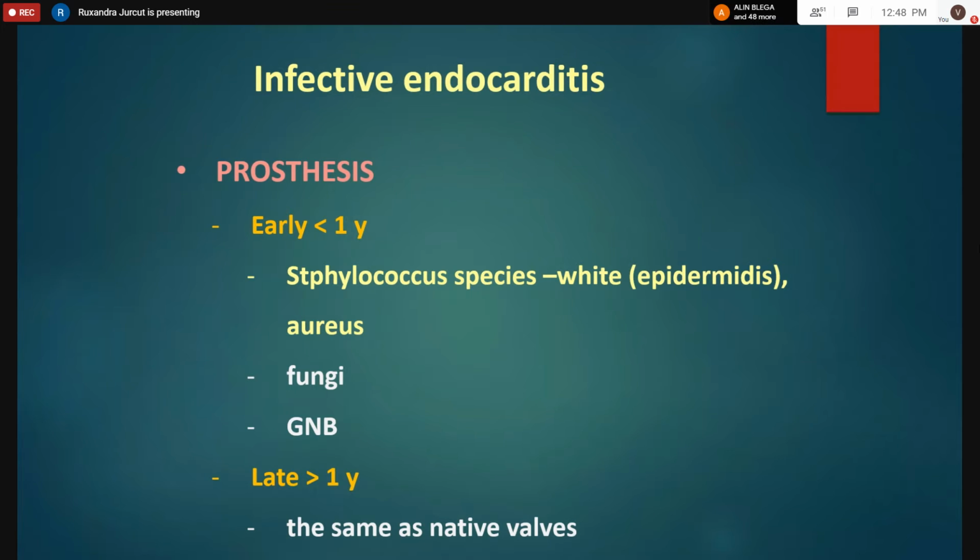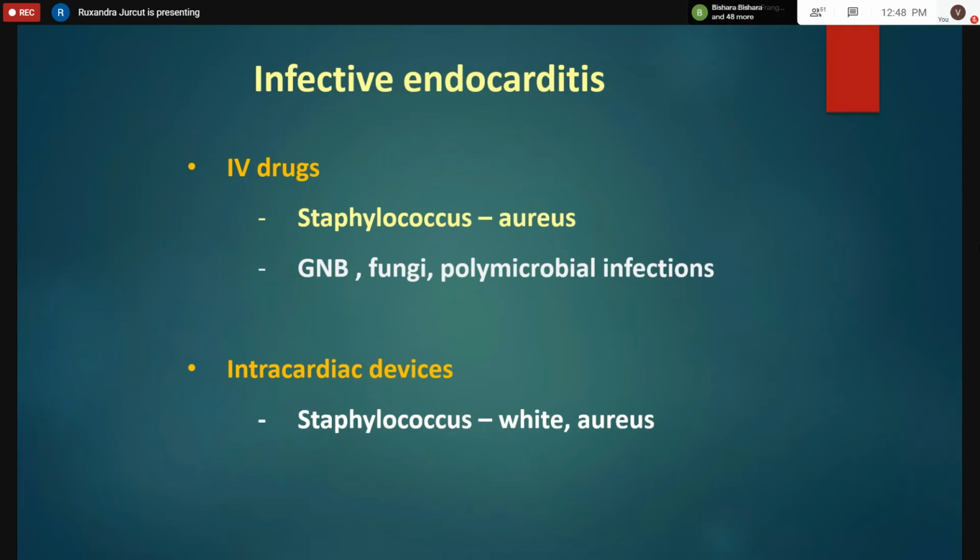But it could also be other germs from the hospital environment, like gram-negative bacteria, or fungi, because these patients might be more immunosuppressed, and it can be a sort of nosocomial infection. If the infective endocarditis appears on a prosthesis but late after the index surgery, then the germs would not differ from the ones on native valves, because the entry site would be similar.